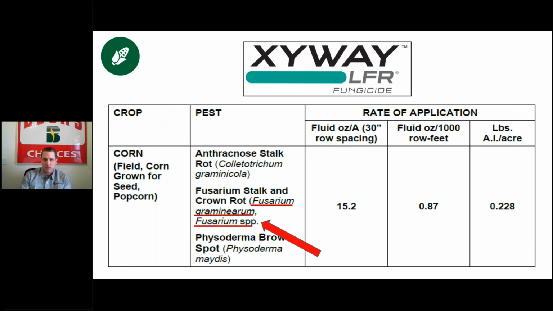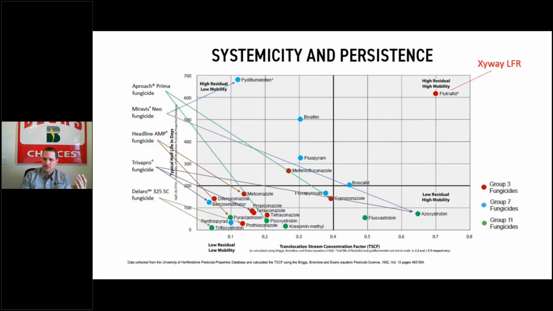So we don't typically think about fungicide being mobile in the plant. We don't think about it being able to move outside of where it lands, outside of a little bit of locally systemic movement. But Xyway acts a little different when it's applied in furrow. You can see from this chart here, it's all the way up in the upper right-hand corner, that active ingredient, flutriafol, high residual and high mobility.